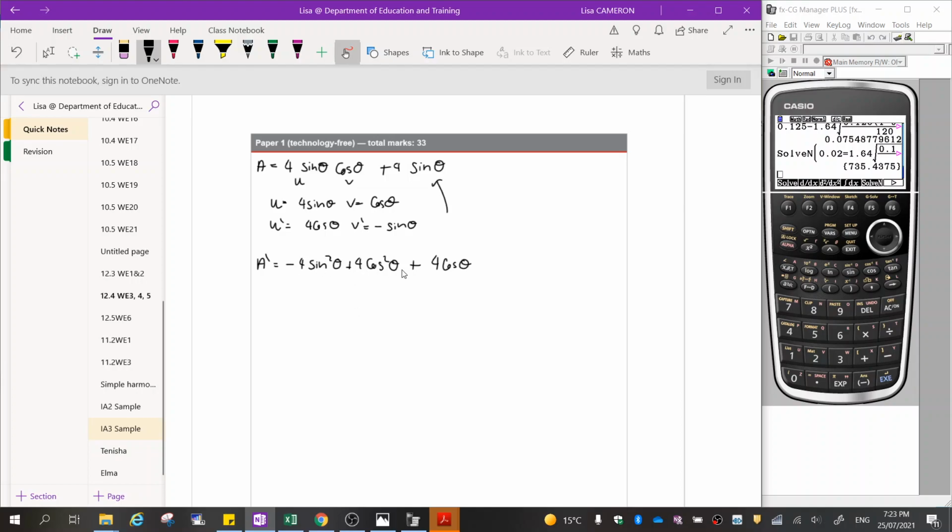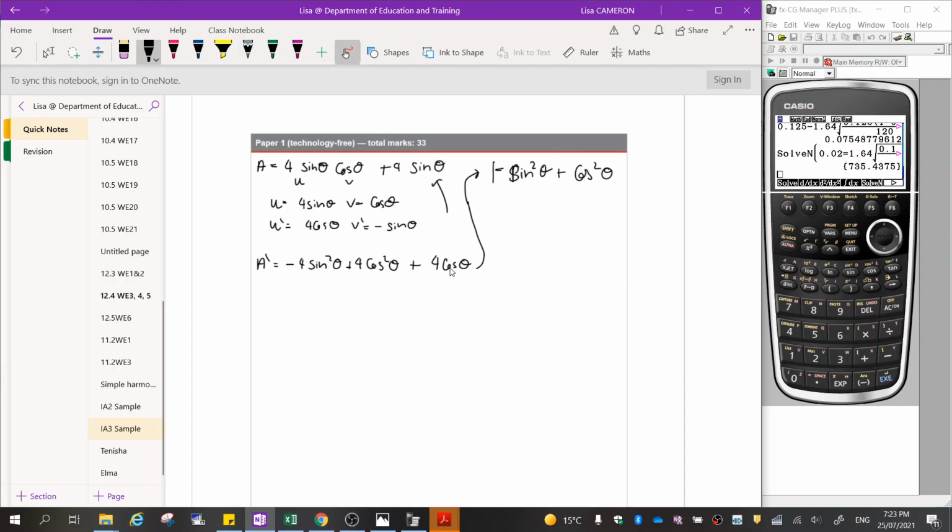Now, I've got sine squared here, and cos squared there. So I know this little trick. Some of you may have seen this in the methods textbook. If you do the double up, you've definitely seen this. We have another formula that's called the Pythagorean identity: sine squared theta plus cos squared theta equals 1. So if I can match some of this, I can change it in.